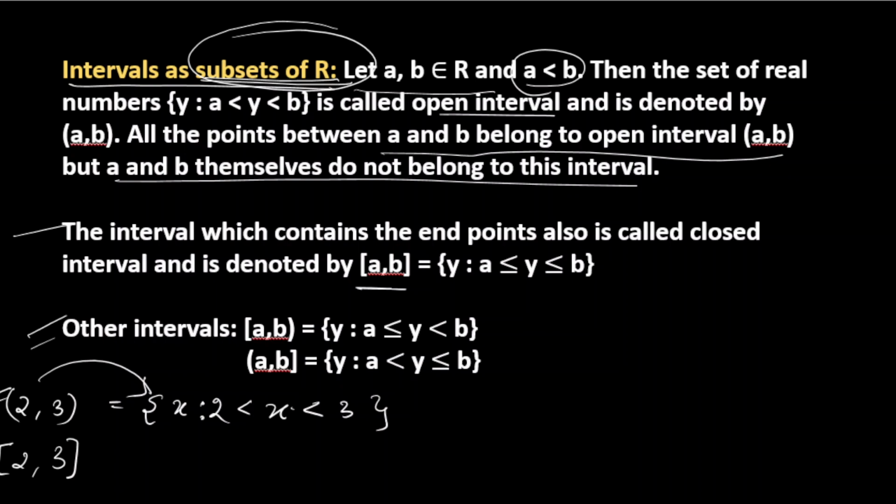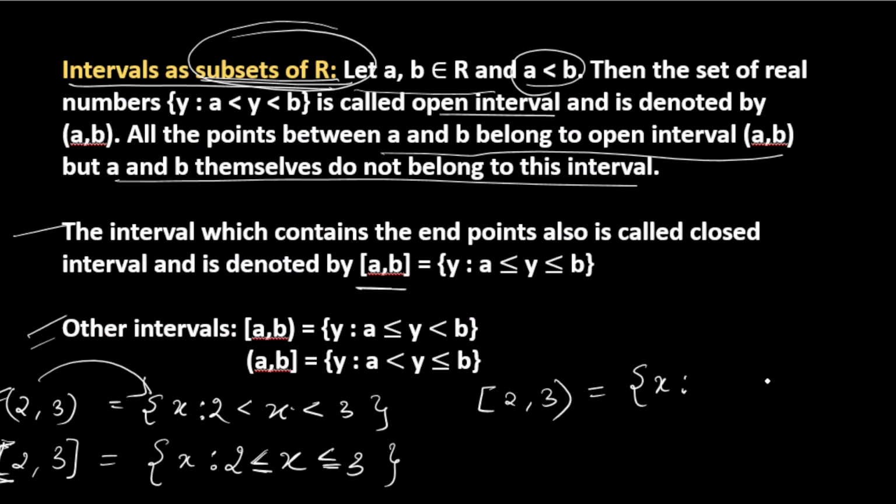Now this is closed interval. Closed interval I will write as x such that x is greater than or equal to 2 and less than or equal to 3. Because these points are included, the inequality changes to greater than or equal to and less than or equal to. Now if I have closed 2 and open 3, we can write this as x such that x is greater than or equal to 2 and less than 3, because 3 is not included.